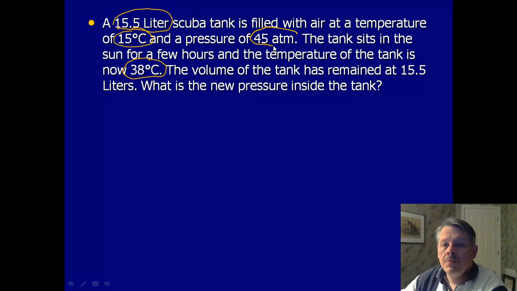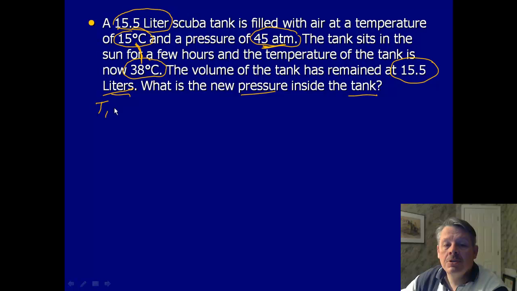So I have a 15.5 liter tank that's staying at 15.5, and my Celsius temperature is changing, and I want pressure. What's the new pressure inside the tank? Again, I can go with atm, so those units are the same. I have to convert my temperatures.